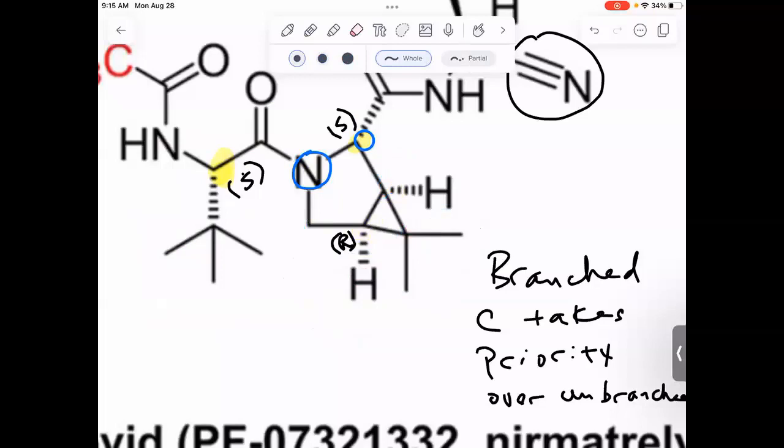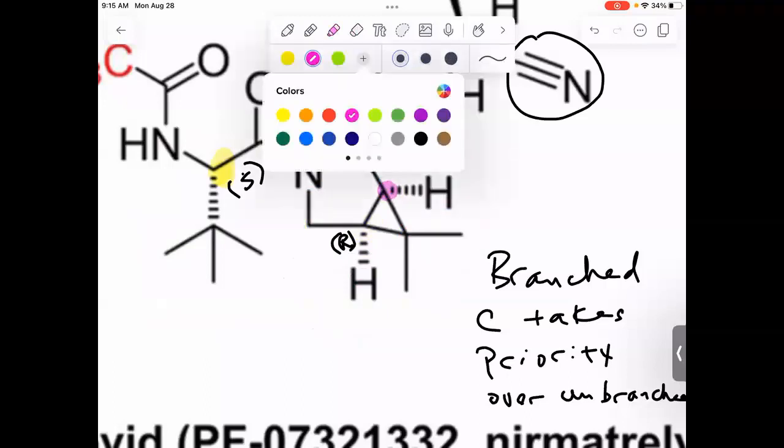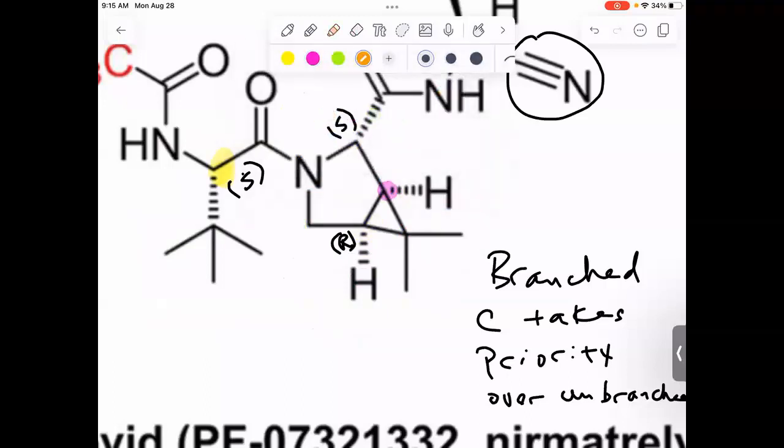All right. So we've given that a configuration of R. Now let's work on the other one. This one. So we got hydrogen here, carbon here, and then a carbon here. Is that right? Those are my 4 groups attached.